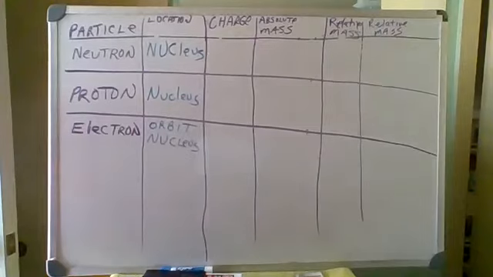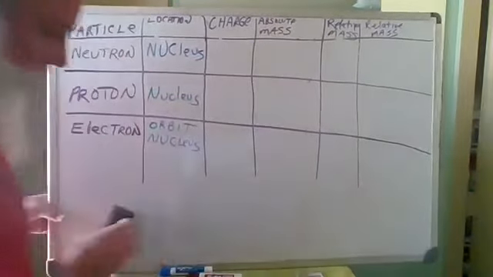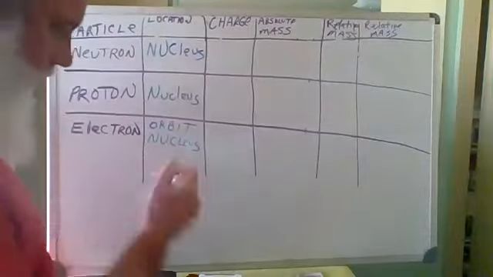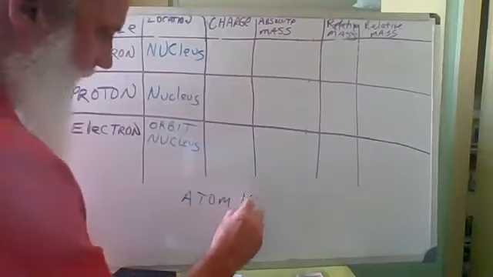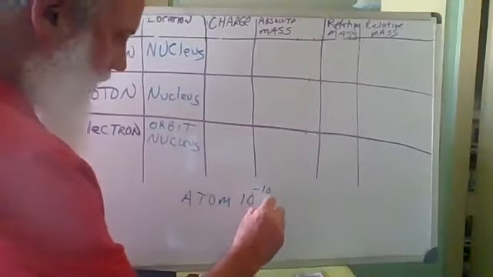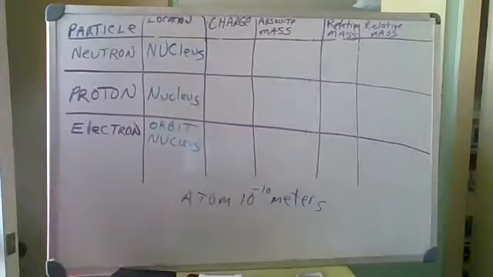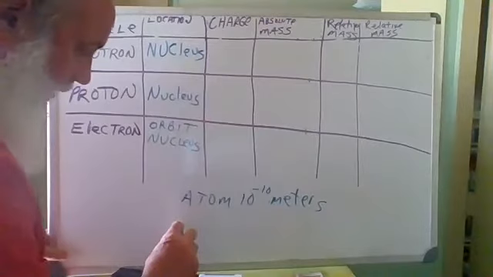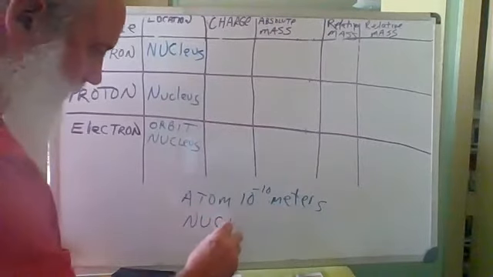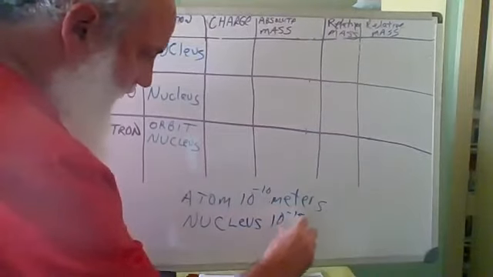An atom has a radius on the order of 10 to the minus 10 meters. Right, 10 to the minus 10 meters is the radius of a typical atom. The radius of a typical nucleus is on the order of 10 to the minus 15 meters.